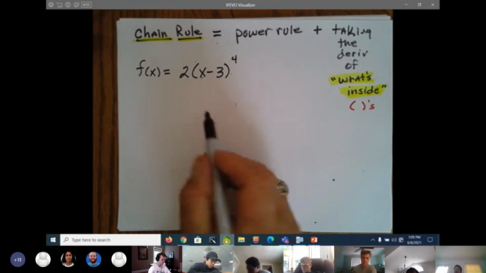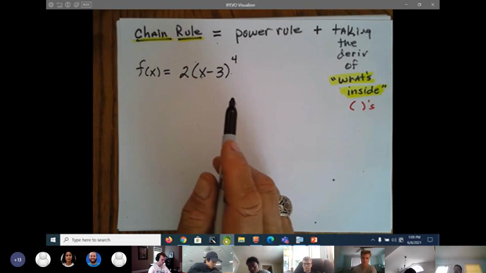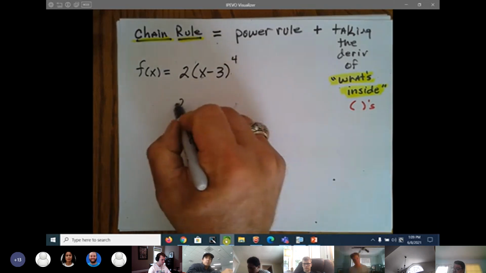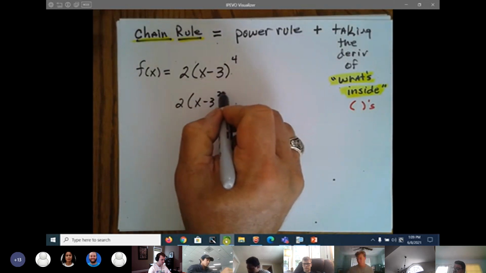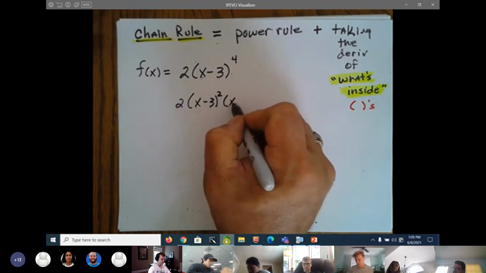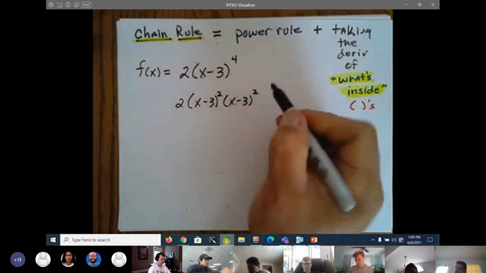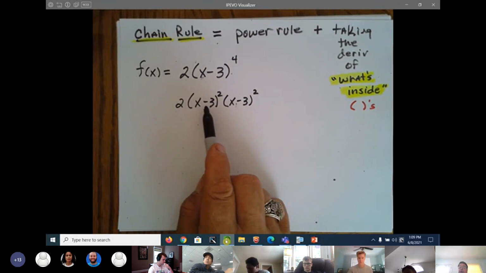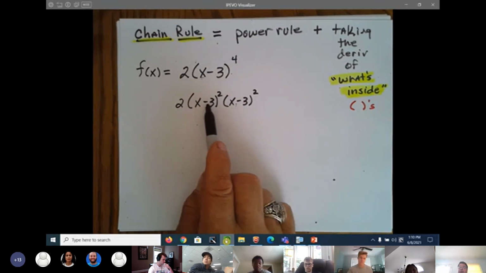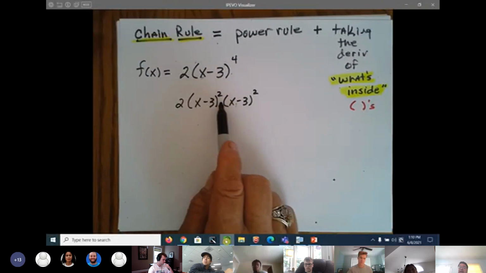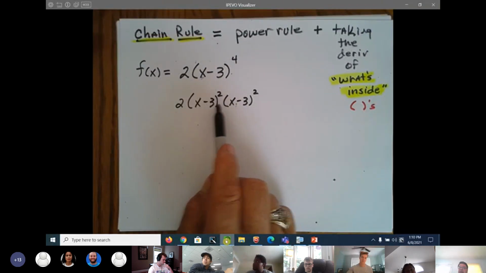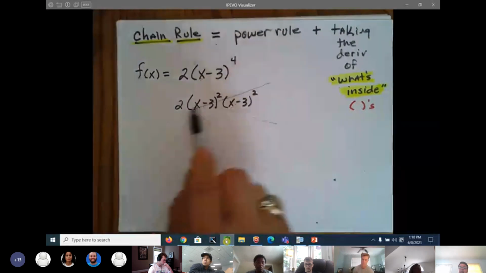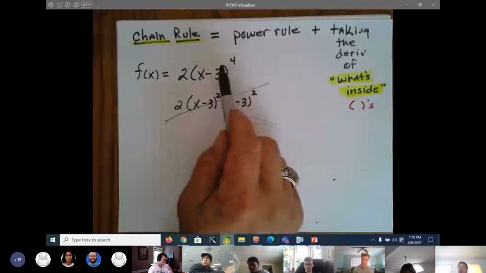Right now, because you don't know the chain rule, the only way to do this is to go 2 times (x minus 3) squared times (x minus 3) squared, and do the product rule 2 or 3 times, or do shortcut number 3 or number 2 twice, and then do the algebra. So we don't want to do all that. So they came up with the chain rule.